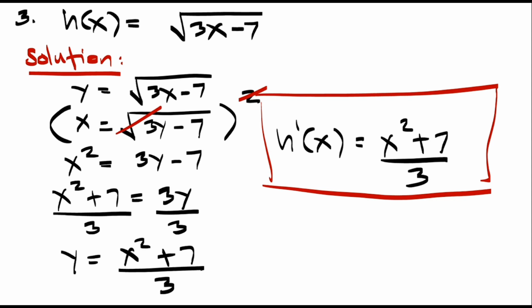Another example. Supposing we have example number 4. Let's say we have f of x equals 5 to the 3x. So here we have an exponential function. So what do you think is the inverse of this exponential function?